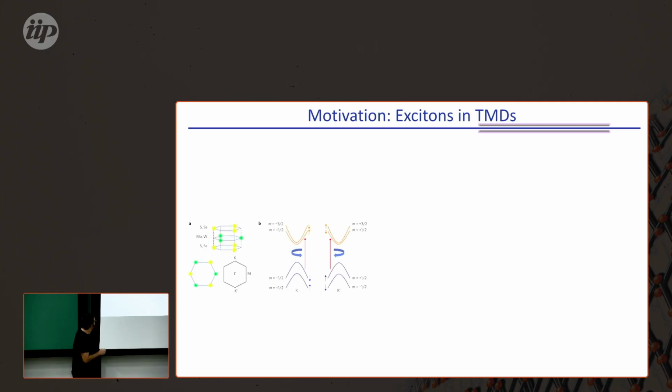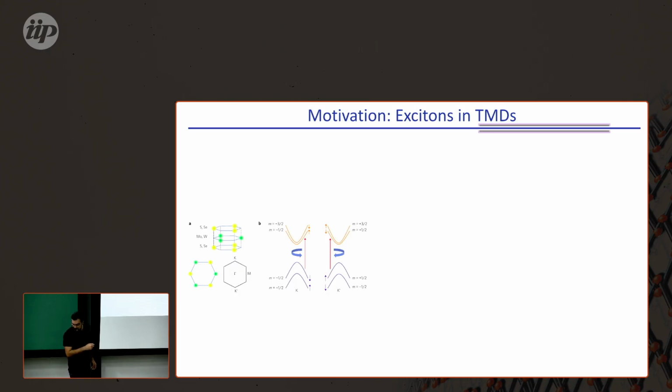TMDs, as you know, are a huge 2D material family, composed of more than 40 different lamellar materials, and they can be viewed as a transition metal atom layer sandwiched by 2 chalcogen atom layers. Spin-orbit coupling is very strong in this system.